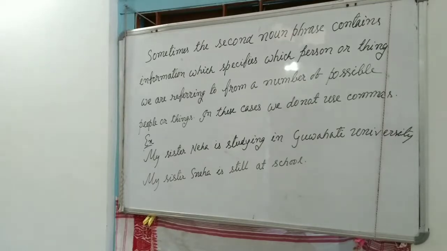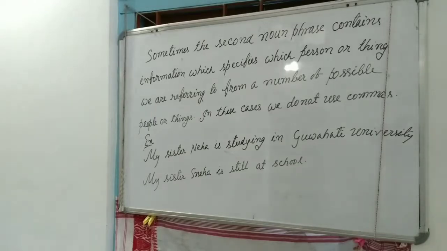In the second sentence, my sister Sneha, that means he is speaking about the particular younger sister Sneha. So by using a noun in apposition, the speaker specifies which sister he is talking about.